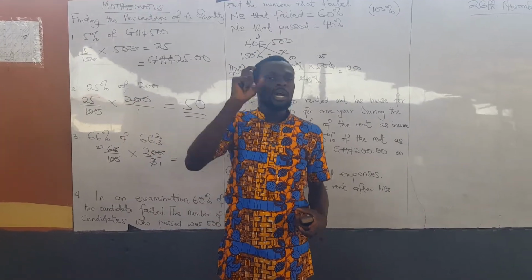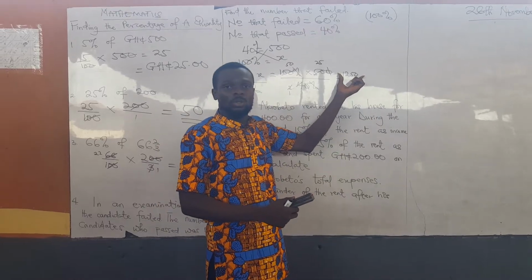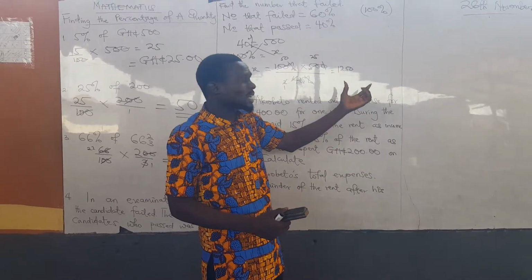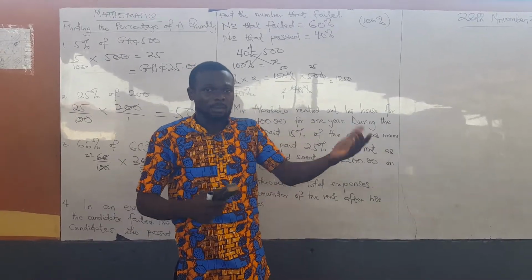Whatever you get becomes the number of students that failed. Or you can choose to find 60% of this value, and whatever you get will be the same thing as subtracting.